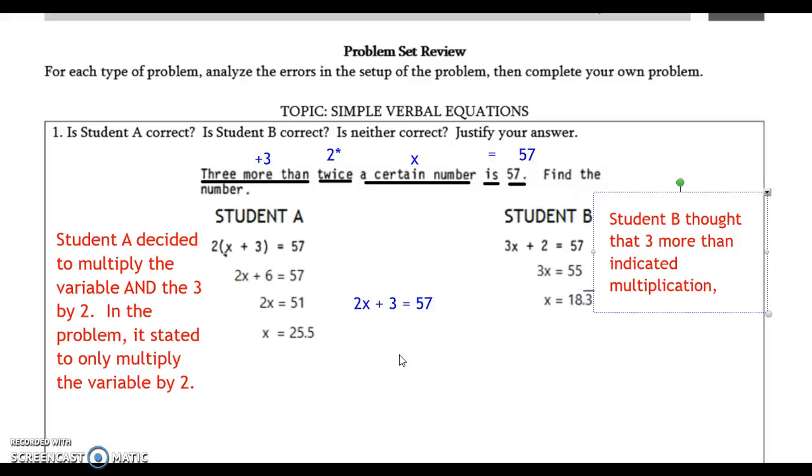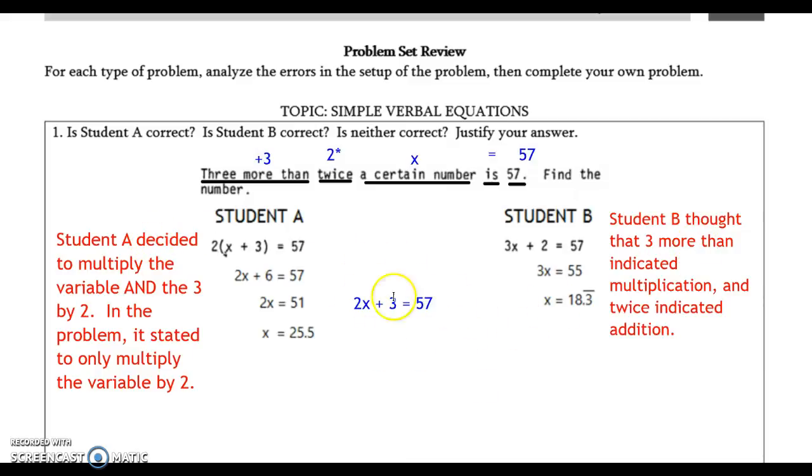And they also thought that twice indicated adding 2, or addition.